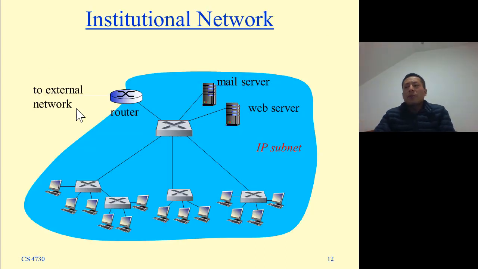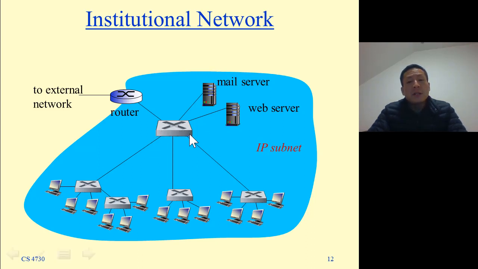So talking about switches, in a very typical institutional network, usually you will see a lot of switches. A typical institutional network will have one outgoing router, and inside you may have many routers. But if it's a small enterprise or institute, it may have only one outgoing router, with many switches connected inside.